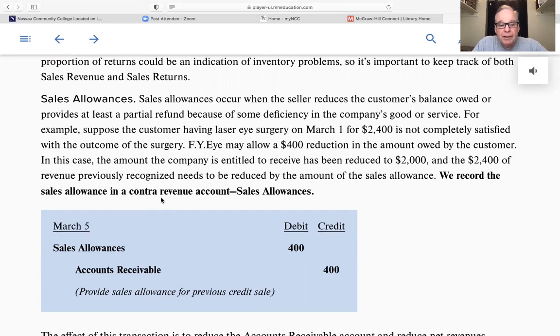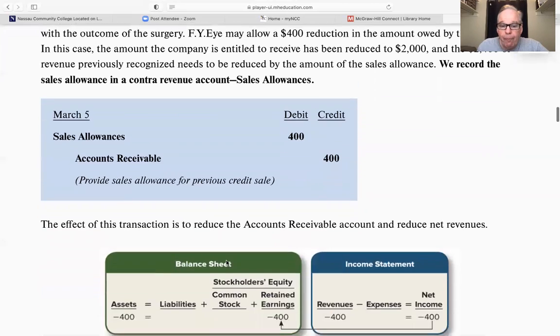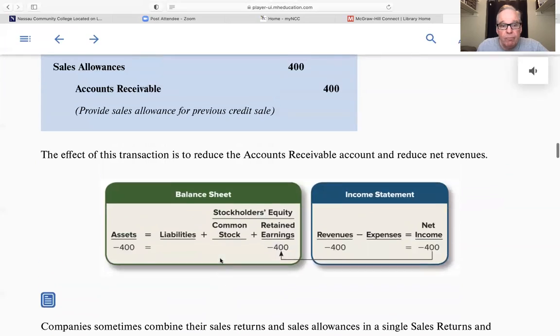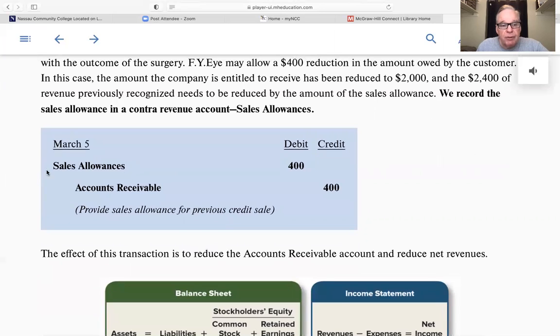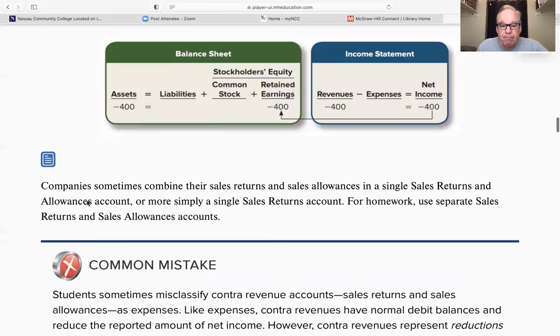So what the doctor did here was to say, oh, okay, I realize you're not happy. I'll lower the price by $400. Debit sales allowances and credit accounts receivable. And sales allowance is another example of a contra revenue account.